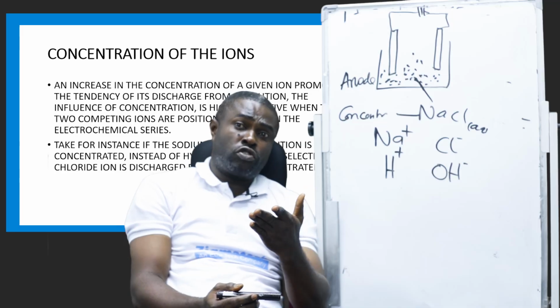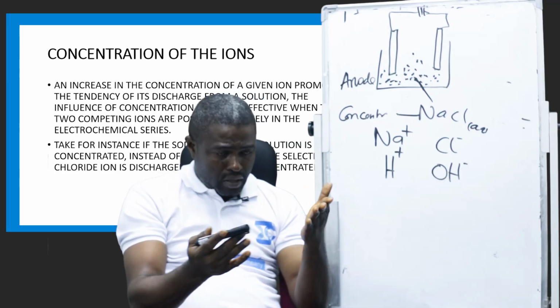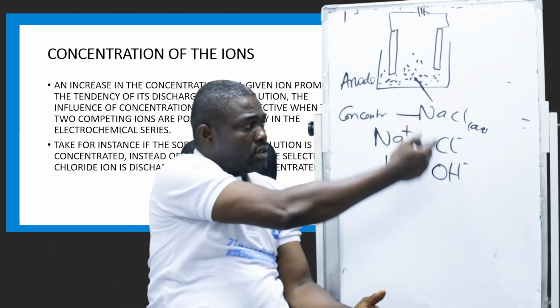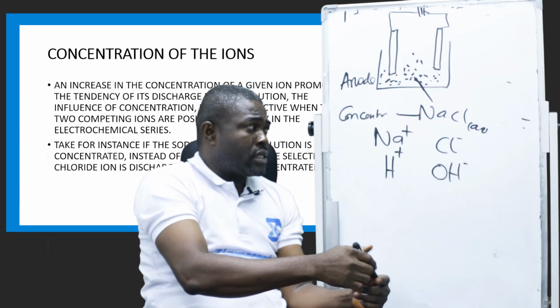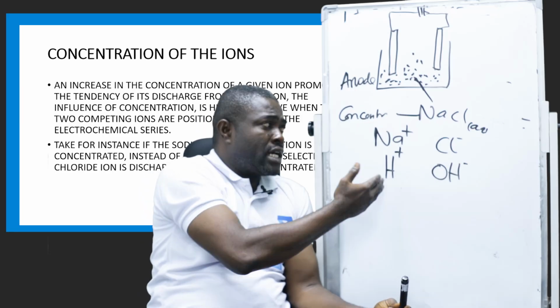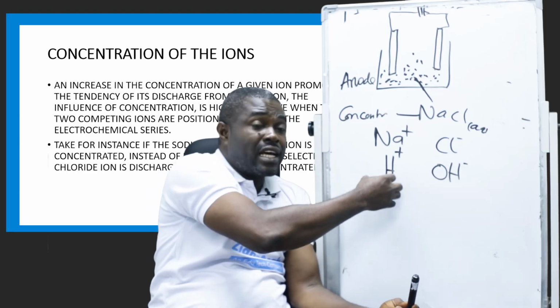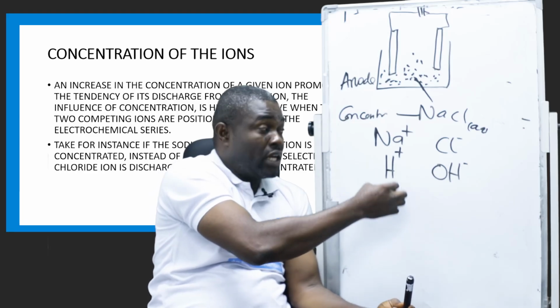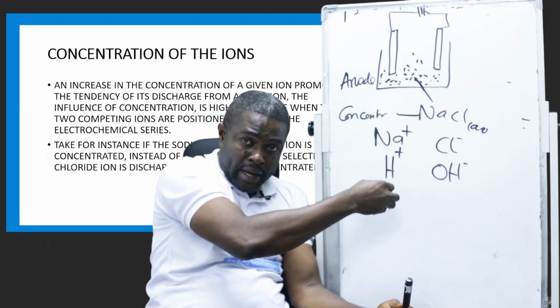Okay, looking at the concentration of the ions, it affects that of the negative side. It doesn't affect here. So it means that the one that should still be discharged at the positive side is that of the hydrogen. So we still get hydrogen molecule as a gas at the end of the electrolysis of concentrated sodium chloride, right?